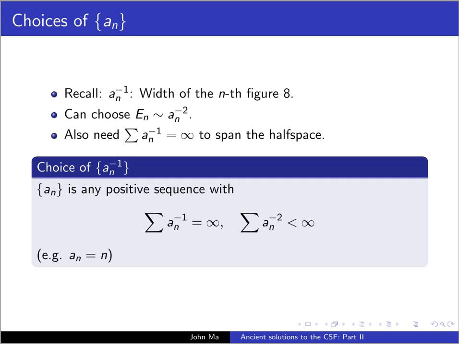So I need the sum of the widths to be infinite. That tells us the choice of the sequence. I have to choose a_n to be a sequence that is not summable, but is square summable. One example, of course, we all know is the harmonic sequence where a_n equals n.